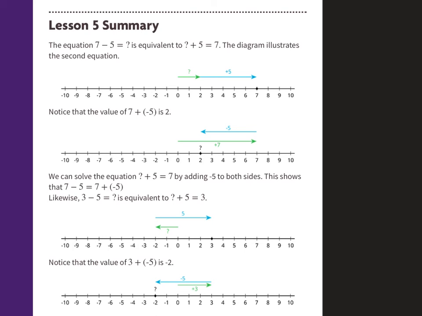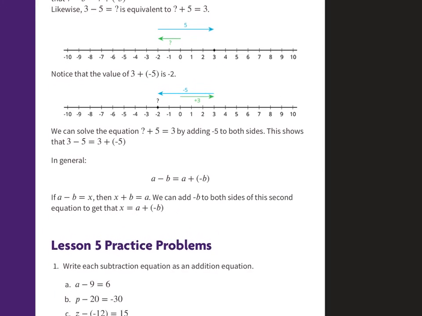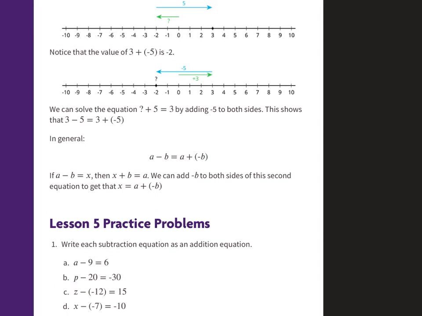This shows that 7 minus 5 is equal to 7 plus negative 5. Likewise, 3 minus 5 is equivalent to what plus 5 equals 3. Notice the value of 3 plus negative 5 is negative 2. We can solve the equation what plus 5 equals 3 by adding negative 5 to both sides, or subtracting 5 from both sides. So in general, subtracting a number is the same as adding a negative, or adding the opposite.